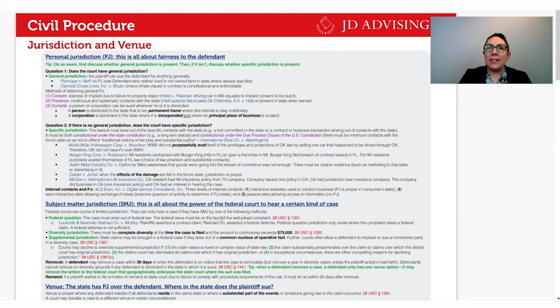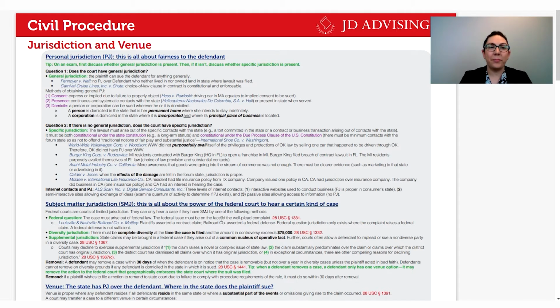So if, for instance, I live in Michigan, but I was in Florida on vacation, and while I was in Florida, someone came up to me and handed me a summons and complaint for a lawsuit that had been filed in Florida. My presence in Florida at the time that I was served would be sufficient to say that Florida has general personal jurisdiction over me. And now Florida has the power to hear that case over me, or at least they meet the personal jurisdiction aspect of it.